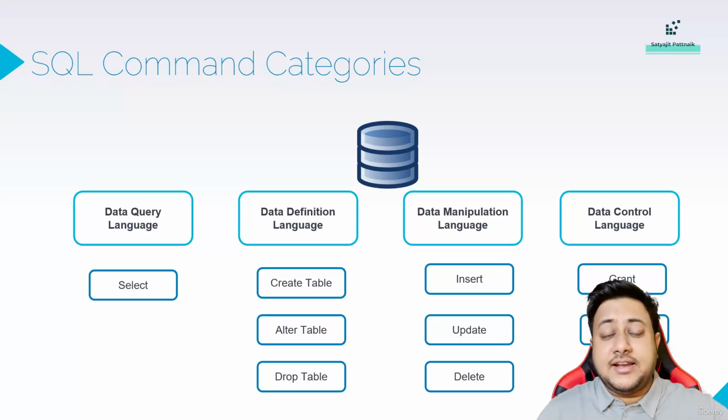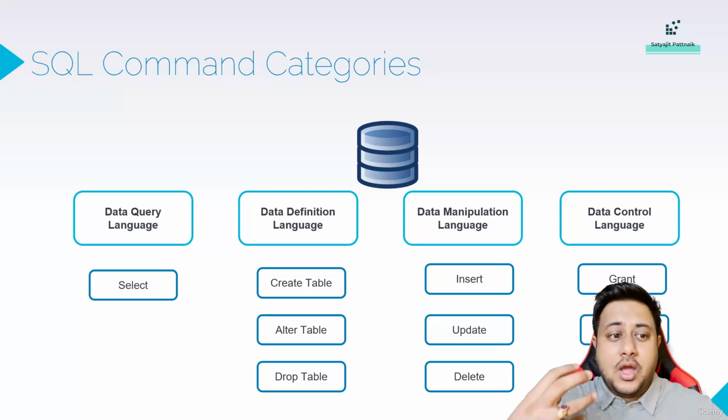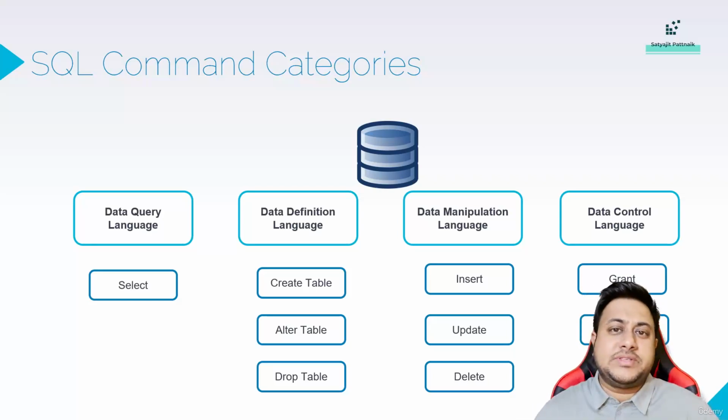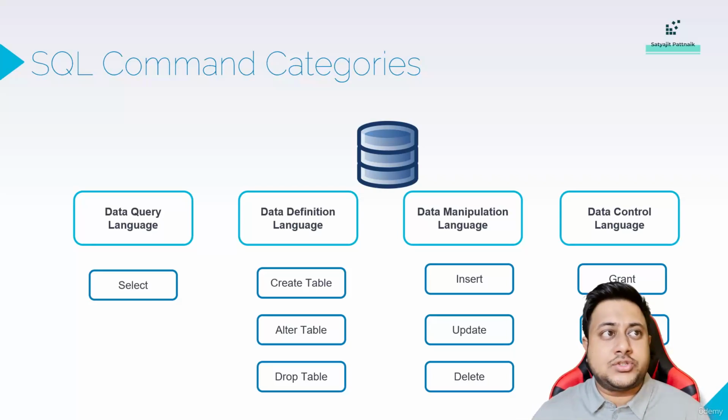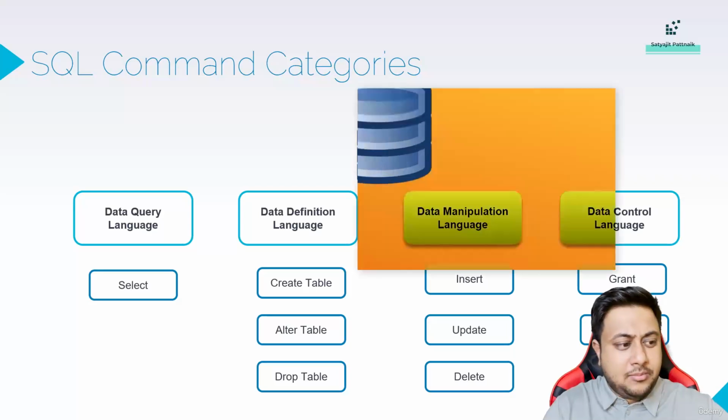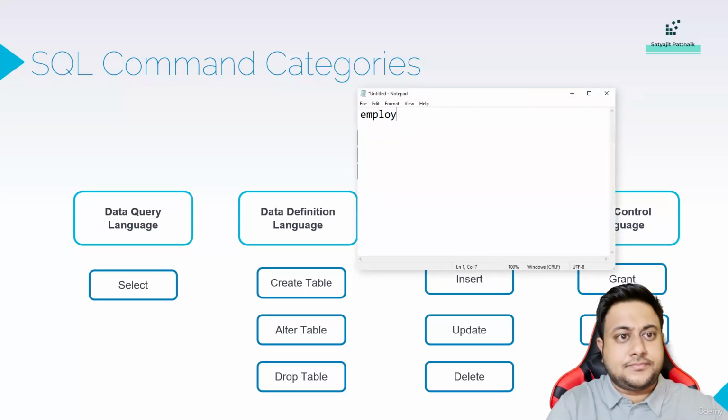Similarly, data definition language. That means how are you defining the data? Create tables. That means you're creating your data. Alter table basically is used in scenarios. Let's say you already have created a table. Just imagine you have created a simple table called employees.